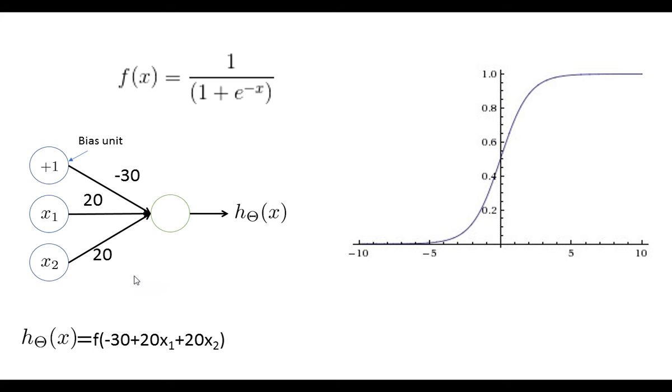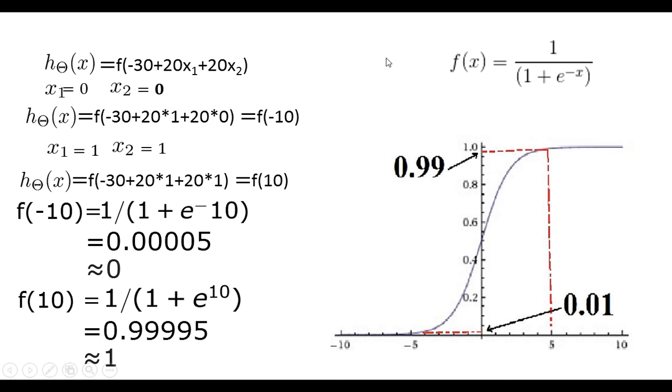Here we can see that our hypothesis, or the output of this node, is f of minus 30 plus 20 times the input x1 plus 20 times the input x2. So now let's have a look. This is the graphical representation of our f of x, the sigmoid function. If the value of x is above 5, the value tends to 1. Here 0.99, we can approximate this as 1.